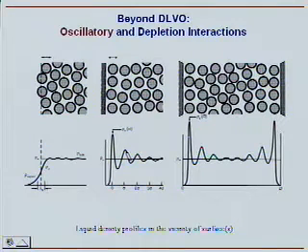Now what happens then if we bring these two surfaces close together? At some point, these differences in the densities of the particle distributions are going to overlap. And we know from electrostatics that when we have overlap, we have something that's relevant to force. What could you say would be the origin of this force here?